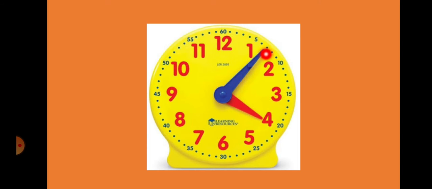For the longer hand, that is the minute hand, we have to count these blue color numbers. So now the hour hand is on 4. This minute hand is on 7. See, 5, 6, 7. So the time is 4:07.